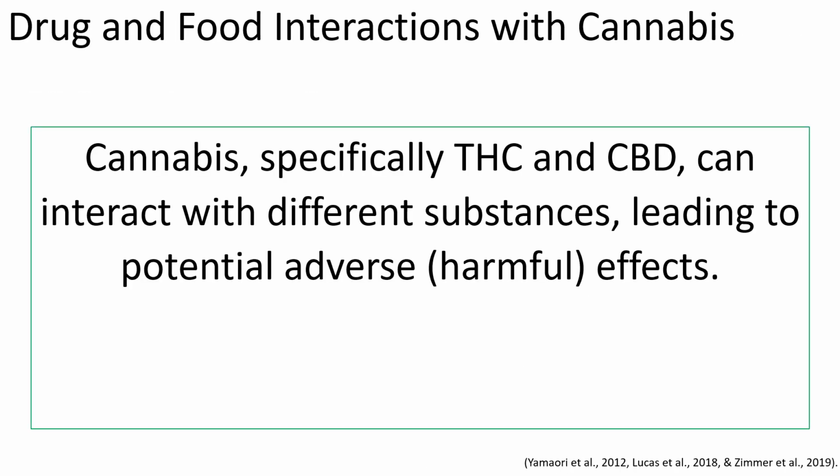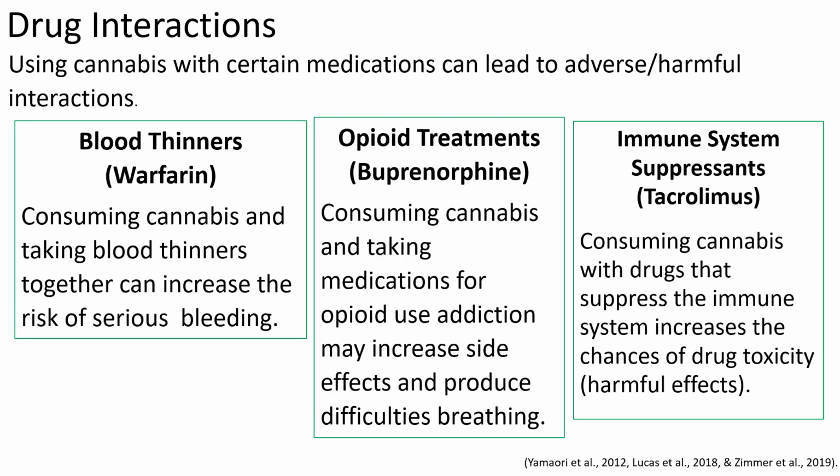Drug and food interactions with cannabis. Cannabis, specifically THC and CBD, can interact with different substances, leading to potential adverse or harmful effects. Using cannabis with certain medications can lead to adverse or harmful interactions. Blood thinners: consuming cannabis and taking blood thinners together can increase the risk of serious bleeding.